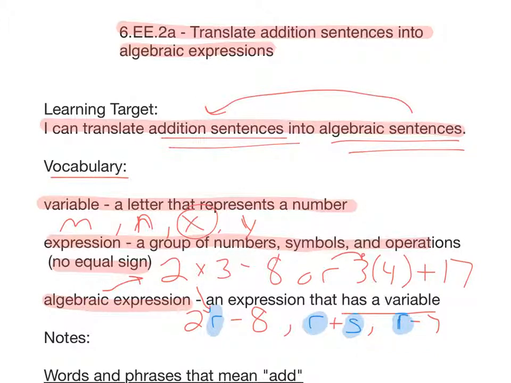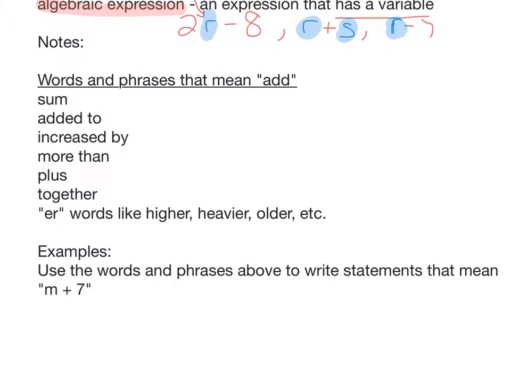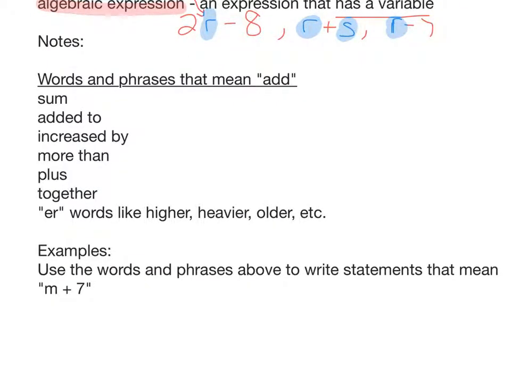Okay, here we go. In the how-to part of your notes, copy these words down. These are words and phrases that mean add, usually. Not always, but usually. Sum, added to, increased by, more than, plus, together, and all those ER words like higher, heavier, older.